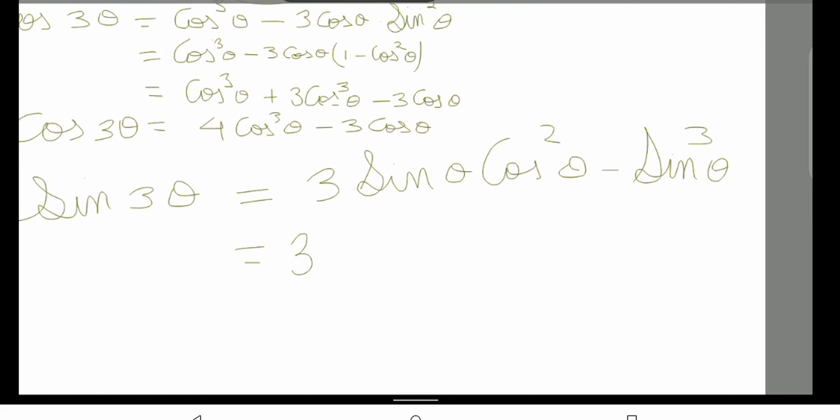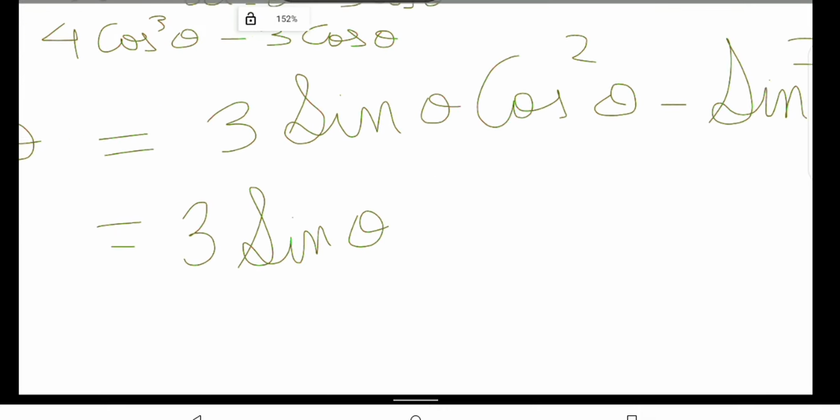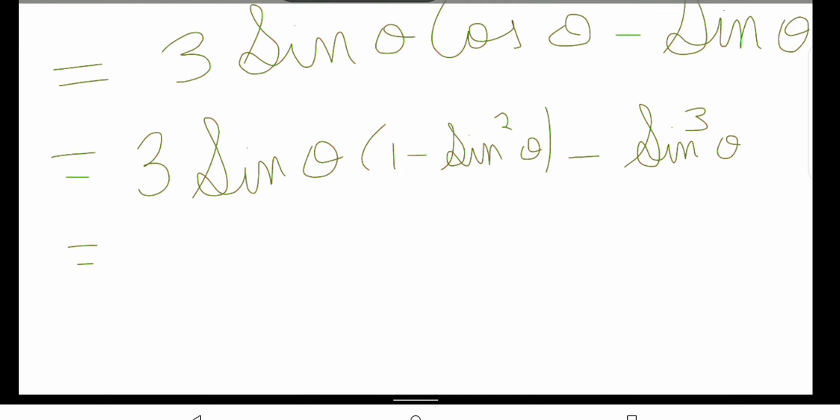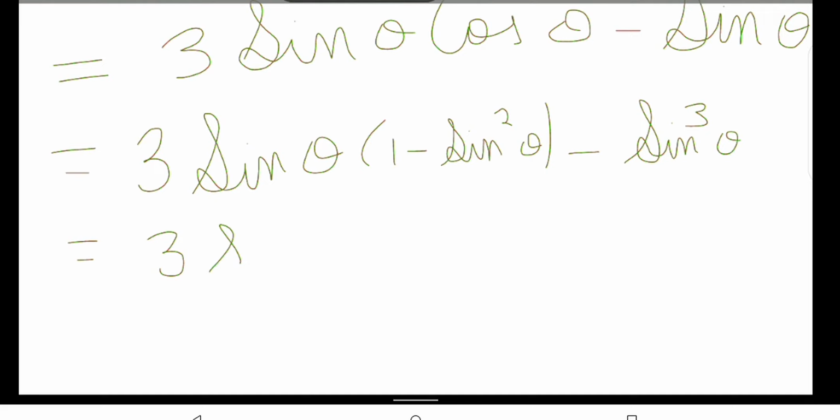Now 3 sine theta, let's write it as it is. Cos square theta, we can write as 1 minus sine square theta. So we are expressing everything totally in terms of sine theta only. And so we have 3 sine theta minus 4 sine cube theta.